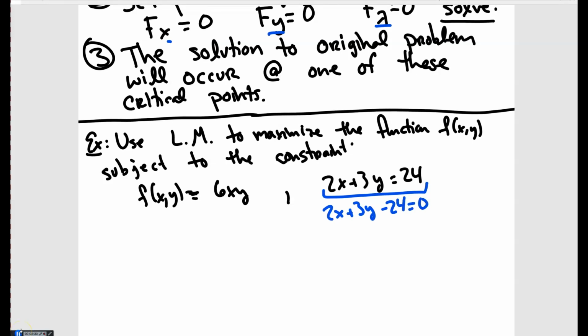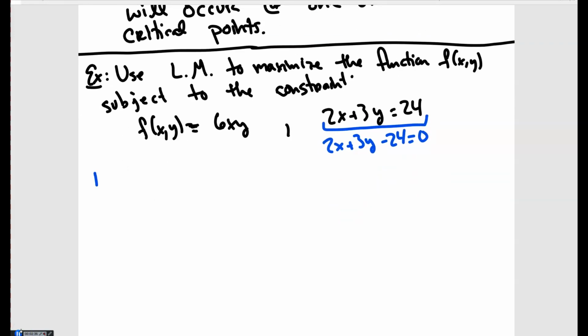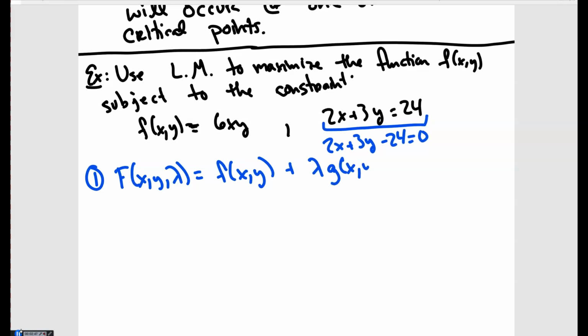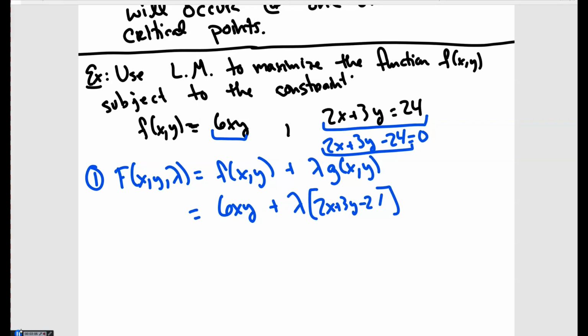Now next, we want to set up this Lagrangian. We know that the Lagrangian, f of x comma y comma lambda, should equal f of x comma y plus lambda g of x comma y. All we're going to do is plug it in. So f of x comma y is just 6xy, plus lambda times g of x comma y, which in this case is 2x plus 3y minus 24.